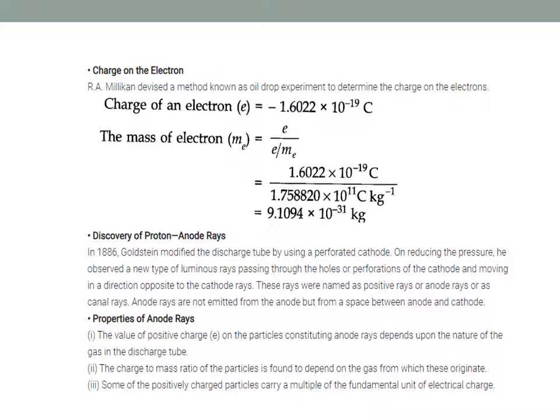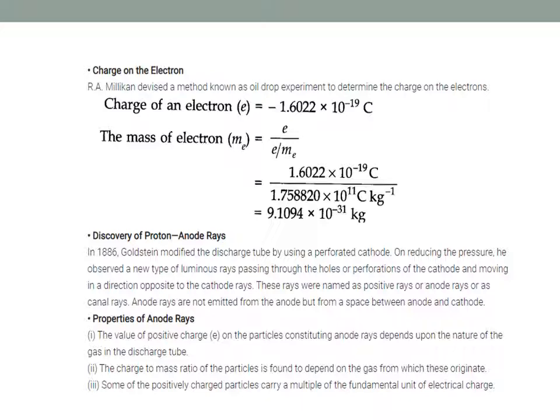Now, how was the proton discovered, which was called anode rays. In 1886, Goldstein modified the discharge tube by using a perforated cathode. On reducing the pressure, he observed a new type of luminous rays passing through the holes or perforations of the cathode and moving in a direction opposite to the cathode rays.